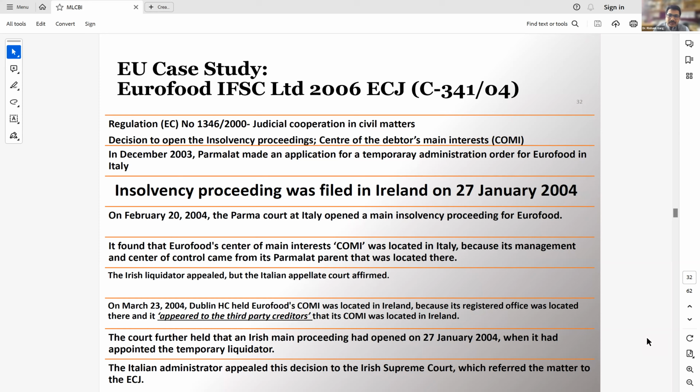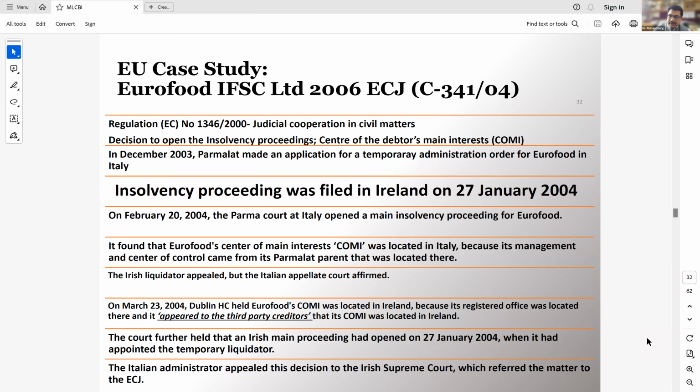Now this Holdco Parmalat is registered in Italy, but the subsidiary Eurofood is in Ireland. So the Holdco Parmalat filed one application in the court in Italy, which they called a temporary administration order.